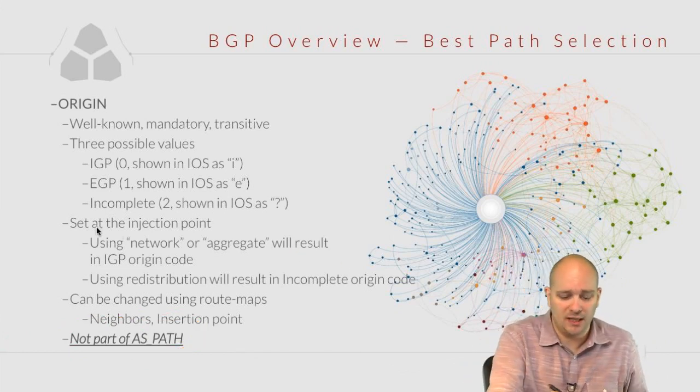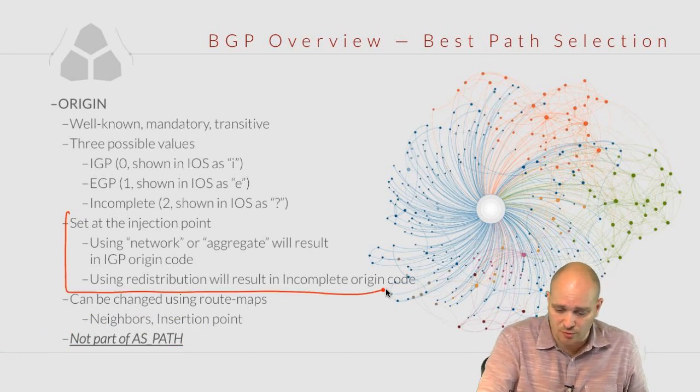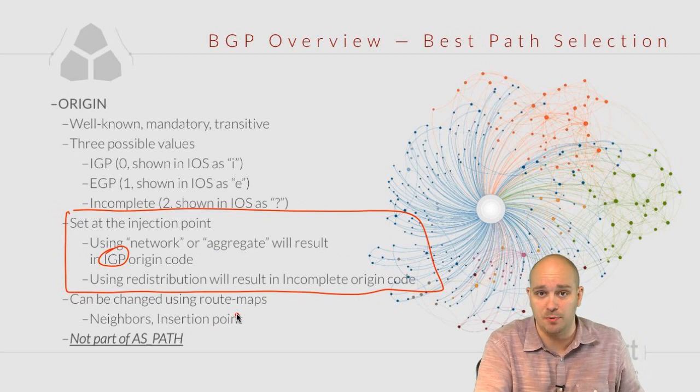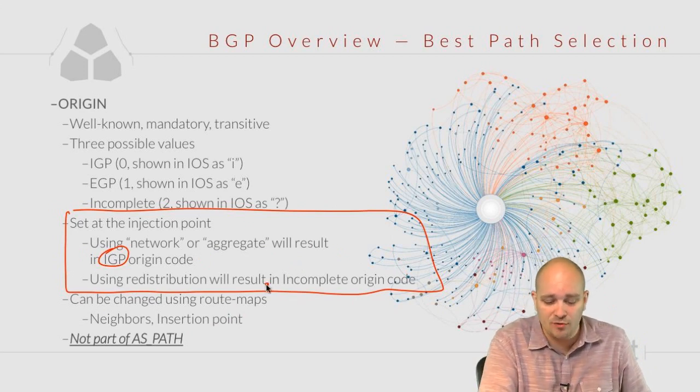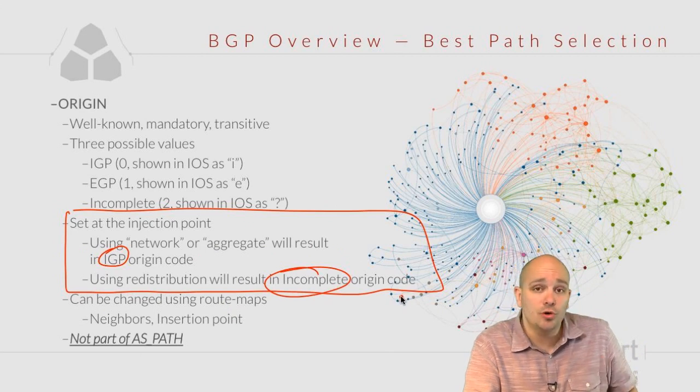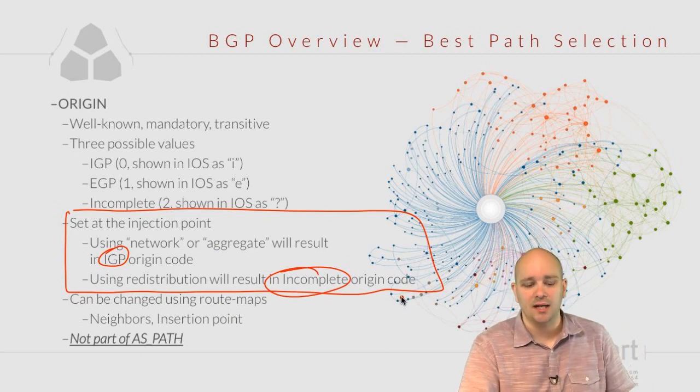The origin code is set at the injection point, and by default using network or aggregate will result in IGP origin code, as I explained, and redistribution will result in an incomplete origin. Of course, this can be changed. How can it be changed?